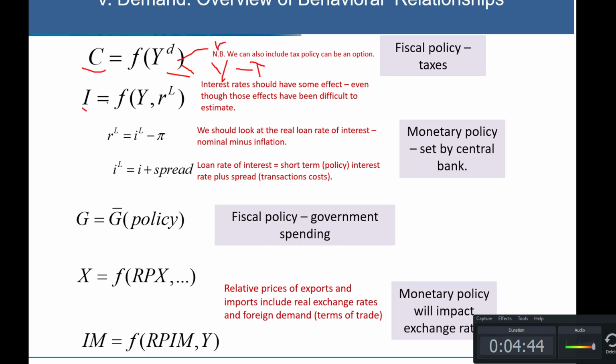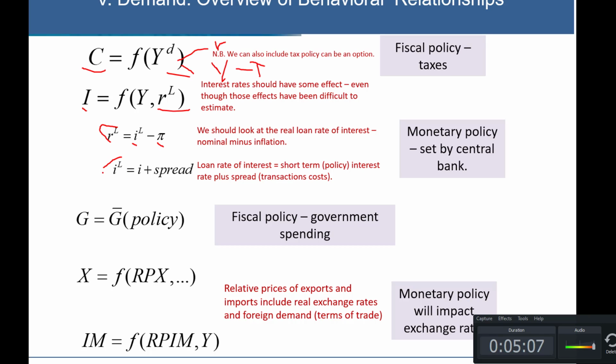Moving next to the investment expenditures, things look very similar here. Let's focus first on the cost of capital, which all else equal is going to be reflected in the real lending rate in the economy. And the real lending rate is going to be equal to the nominal lending rate minus inflation.